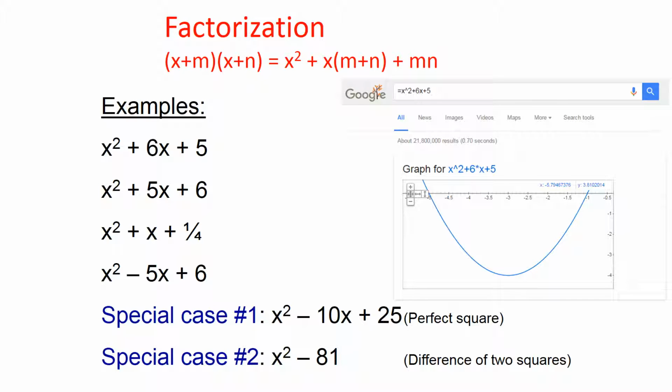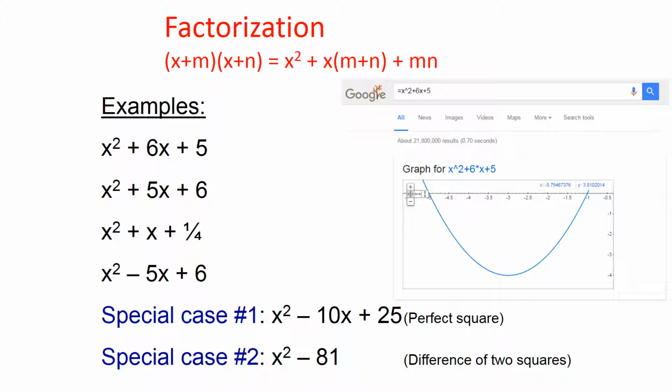And there's this other example here where you have this difference of two squares, which basically means you don't have a number in there. So this is the same as writing x squared plus 0x minus 81.